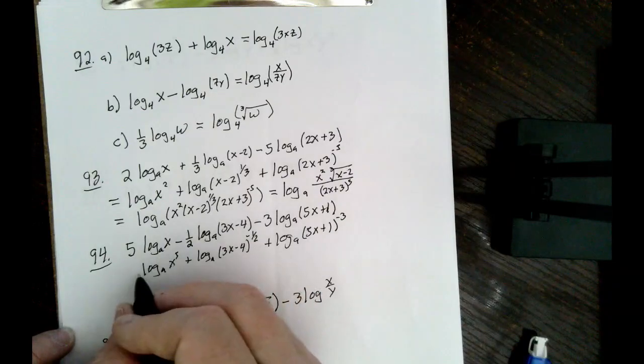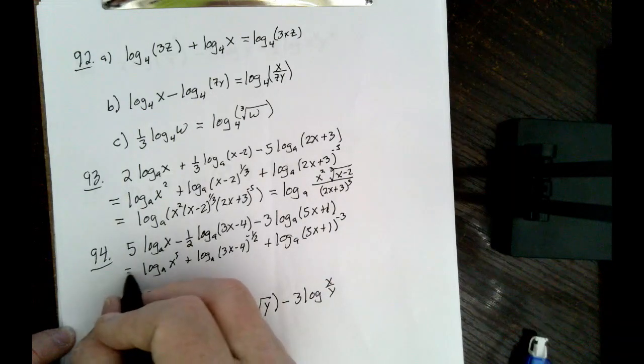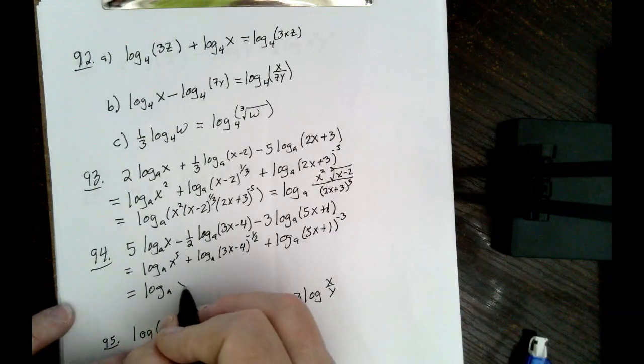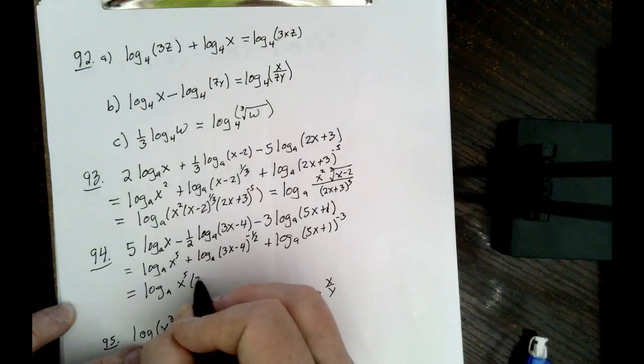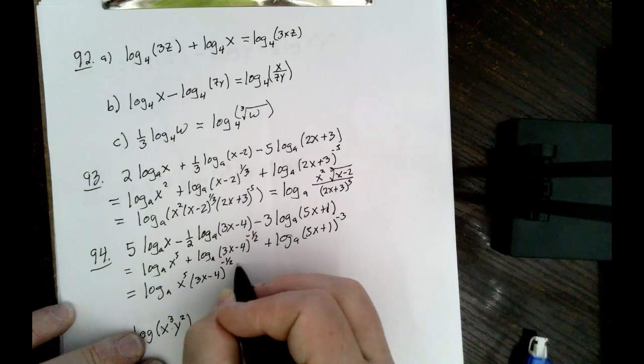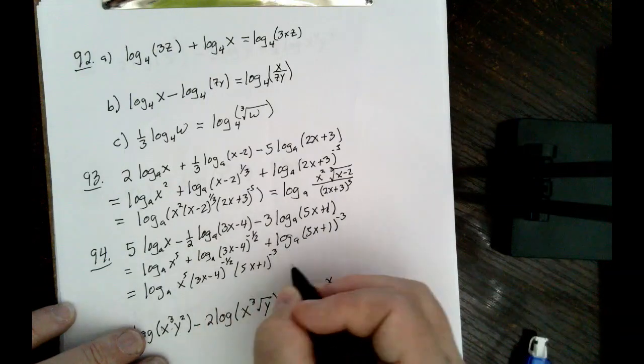Okay, and so you combine these together since they're all being multiplied. So you get log base a of x to the 5th, 3x minus 4 to the negative 1/2, 5x plus 1 to the negative 3.